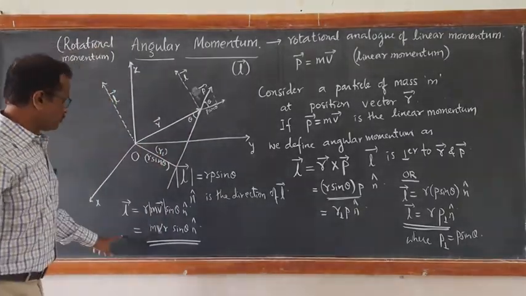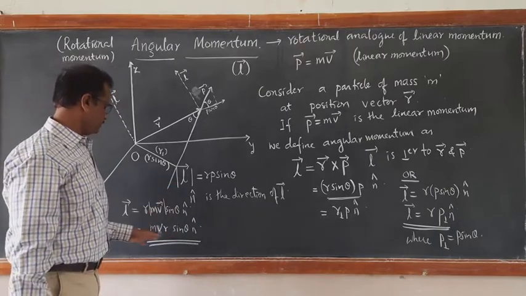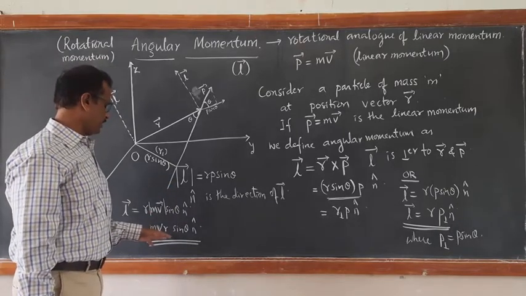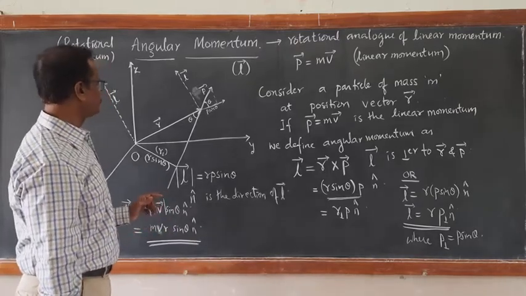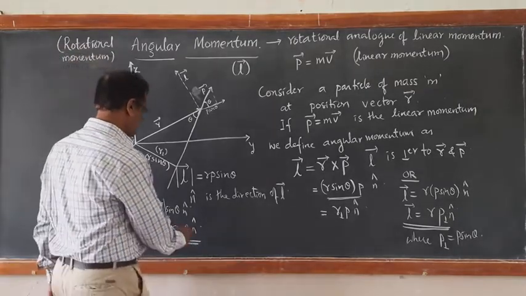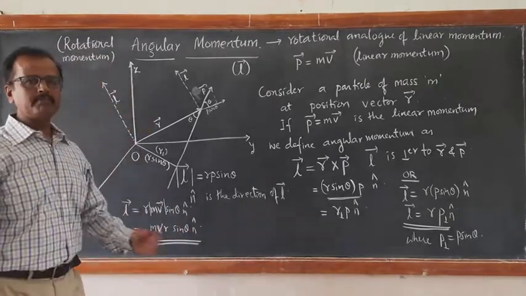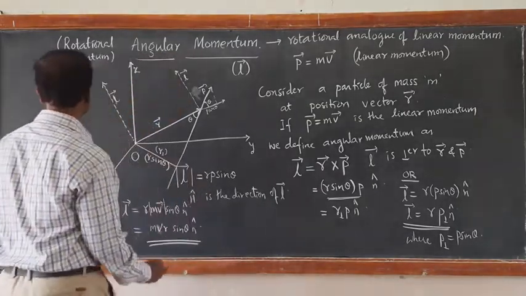Now if theta is 0, if the angle between the momentum vector and the position vector is 0, then what happens? Sin 0 becomes 0, angular momentum becomes 0. So here we can write the cases.